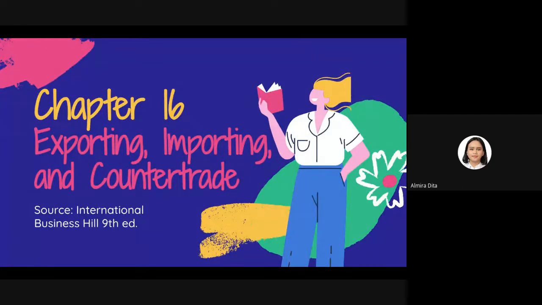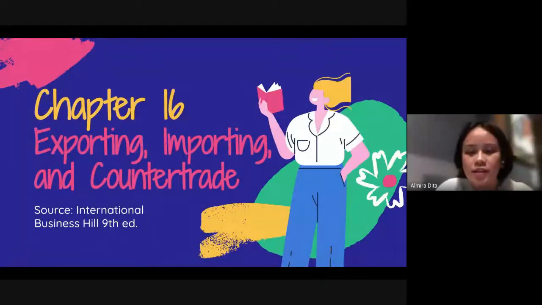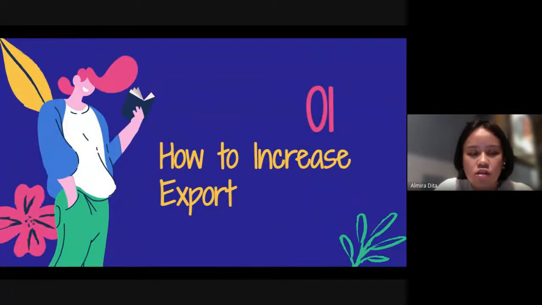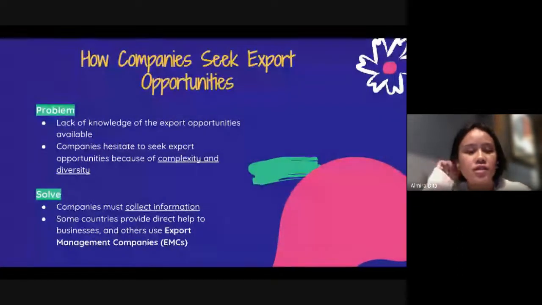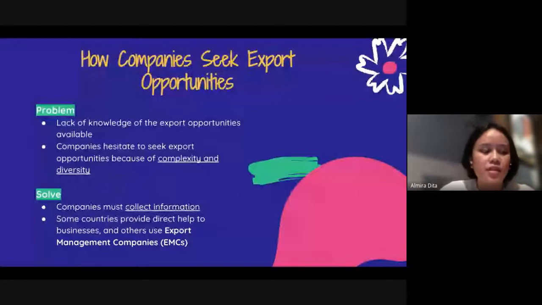Okay, so now we are going to chapter 16, which is exporting, importing, and countertrade. So the first one that we're going to talk about is how to improve exports. So how do companies seek export opportunities? The problem with exporting is simply the lack of knowledge of the opportunities available.